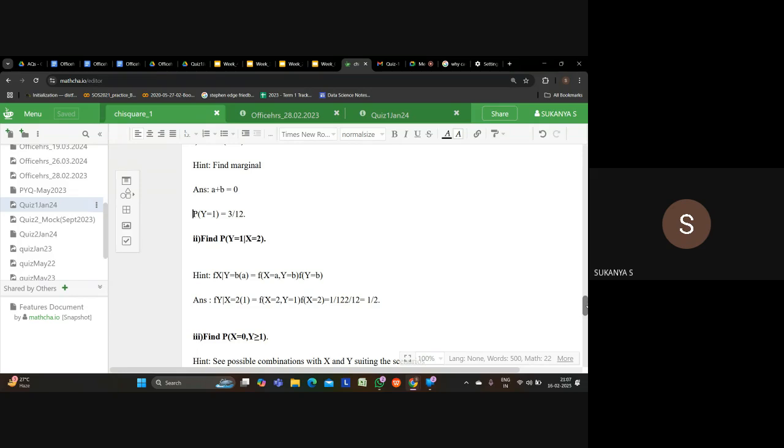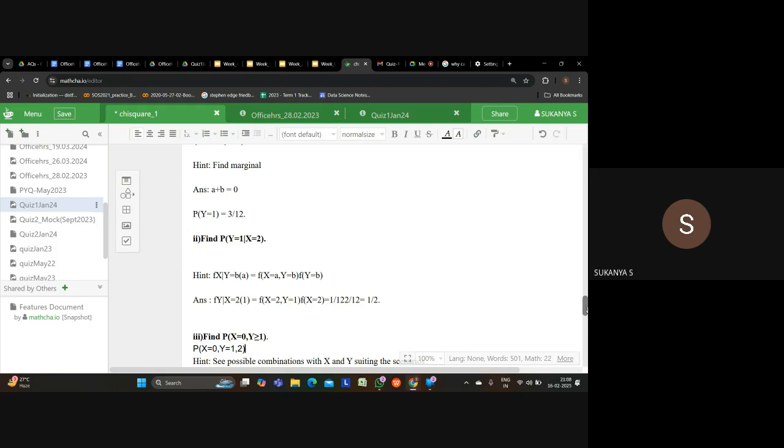And the last part is the probability of x is equal to 0 combined with y greater than or equal to 1. So what are the possible combinations that we have here? When x is equal to 0, y could be 1, or x equals 0, y equals 2.